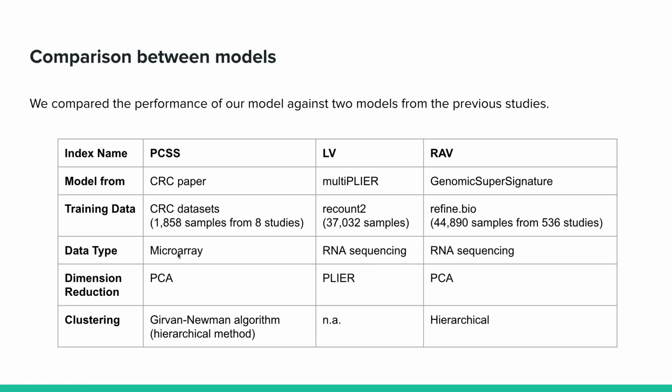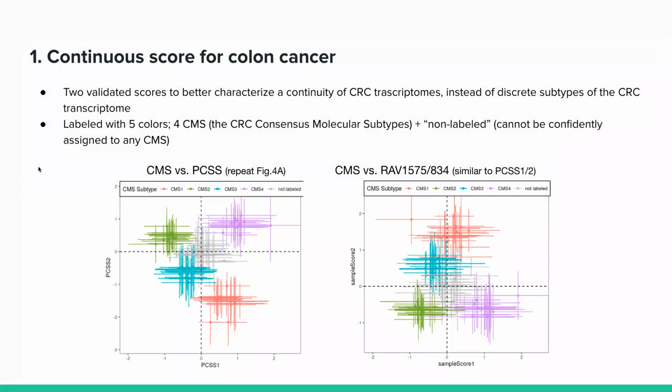So this is completely different technology, completely different purpose, aimed at defining axes of variation in colorectal cancer. And then the second one is also based on a large RNA-seq compendium, but using a fairly different method than our approach of PCA and hierarchical clustering that we ended up settling on.